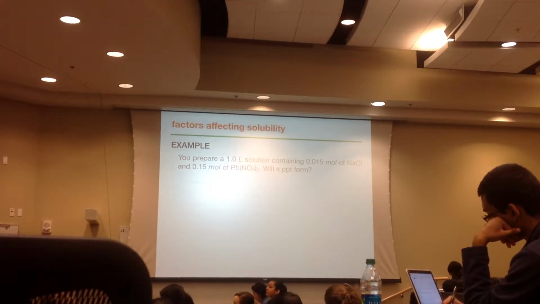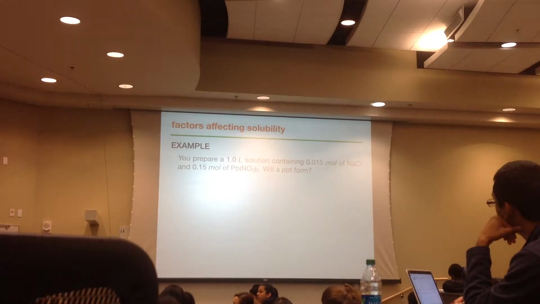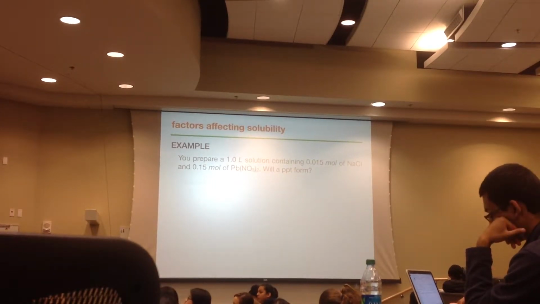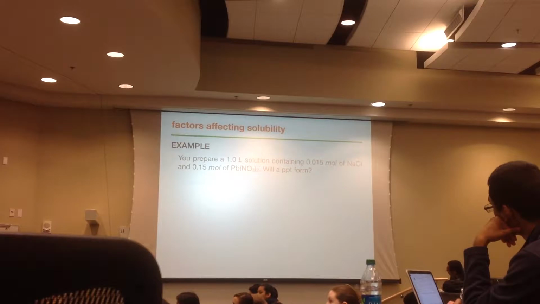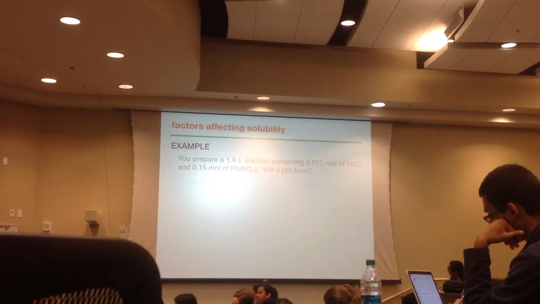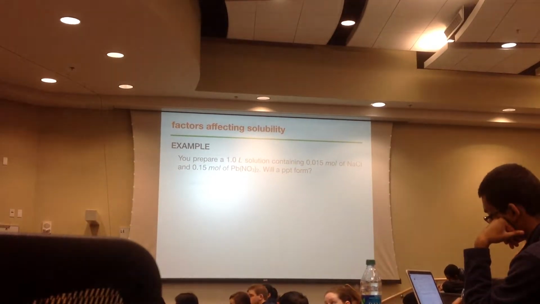I have a 1 liter solution. That solution has 0.01 moles of sodium chloride and 0.15 moles of lead nitrate. Will a precipitate form? First of all, let's treat this like it was a Gen Chem 1 solubility rules question.